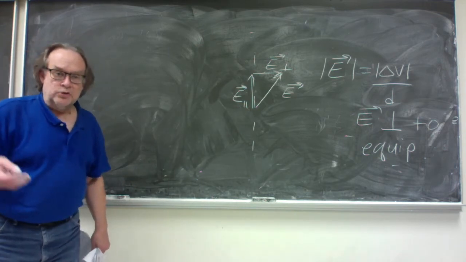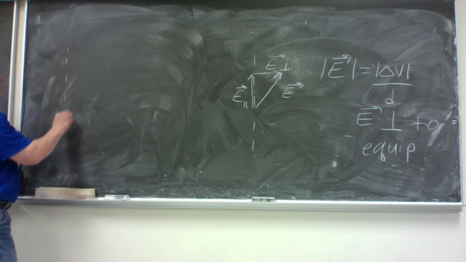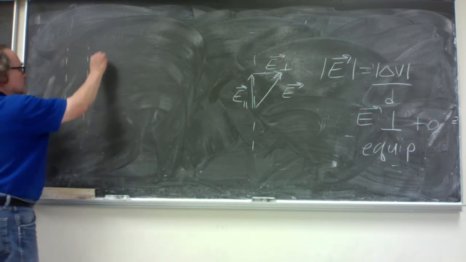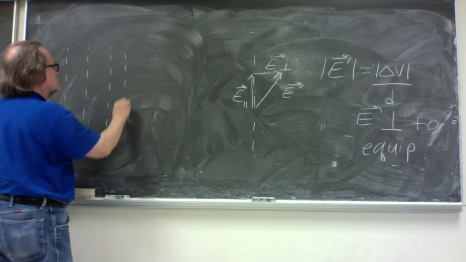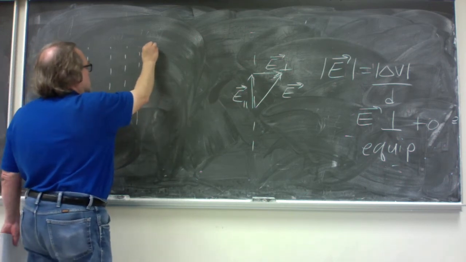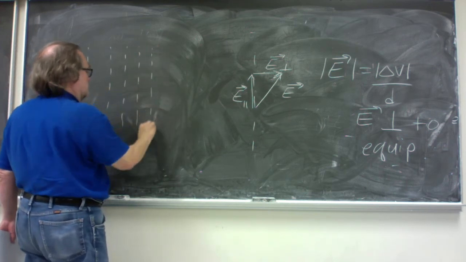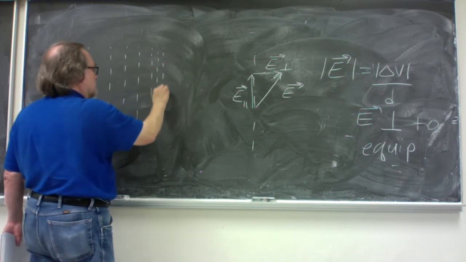One more example just to see how that works. Let's say we've got some equipotential lines here. Now they get a little closer together. And now they get closer still.